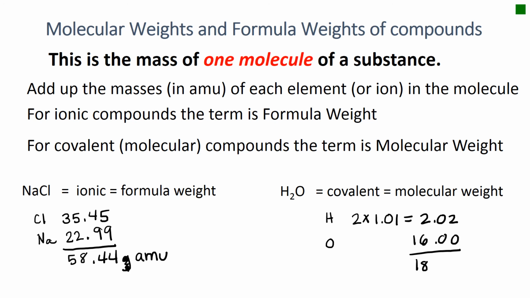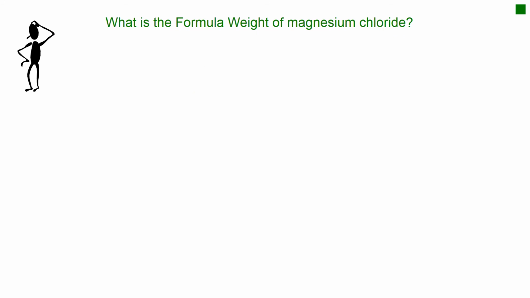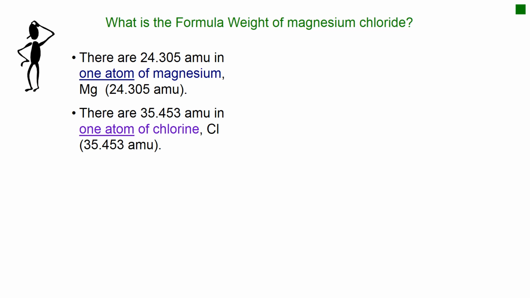And I get 18.02 AMU. Because we're looking at one single molecule of water, if you could possibly get that small. In general, for a single individual molecule, you're going to have AMUs for your units. Okay, so let's look at magnesium chloride.